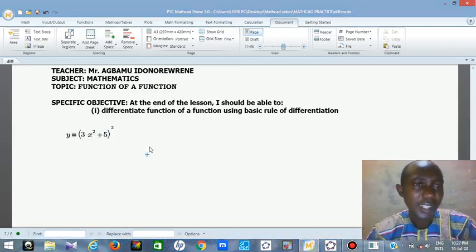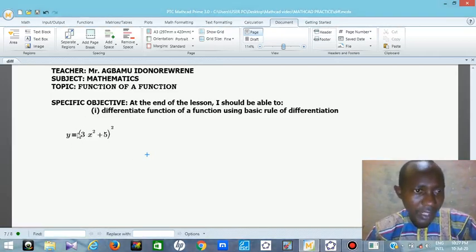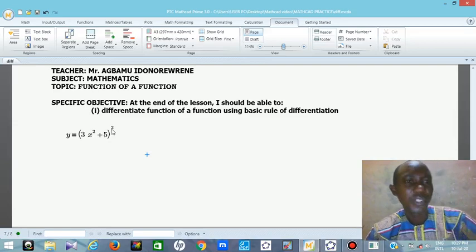This is an example of a function of a function, because 3x squared plus 5 is a function, and then the bracket raised to power 2 is another function.